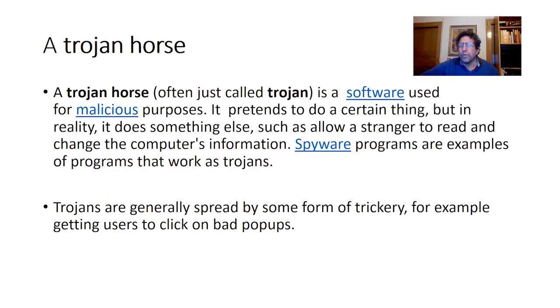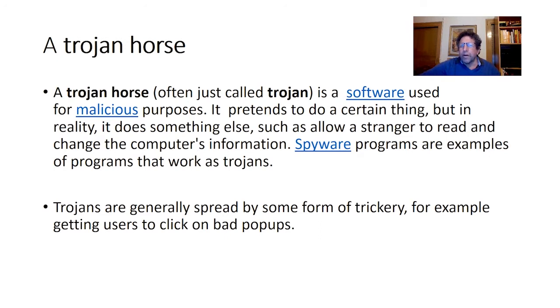A Trojan horse is software used for malicious purposes. It pretends to do a certain thing, but in reality it does something else, such as allow a stranger to read and change the computer's information. Spyware programs are examples of programs that work as Trojans.